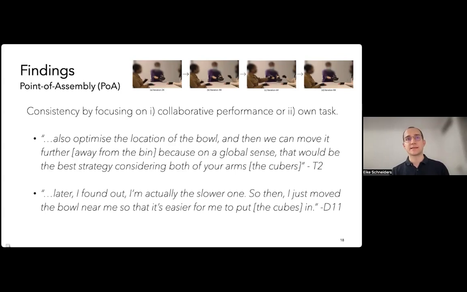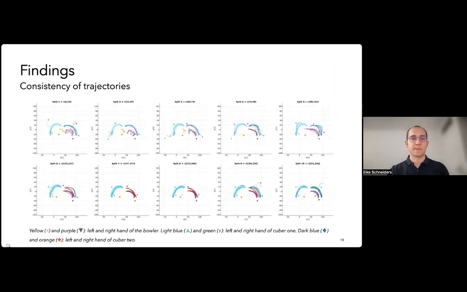And given that this is a clear example of the bowler making the task easier for themselves. However, as I mentioned earlier, this is not necessarily in contrast to an increase in performance on the global scale or on the entire task scale. So they're not mutually exclusive necessarily.